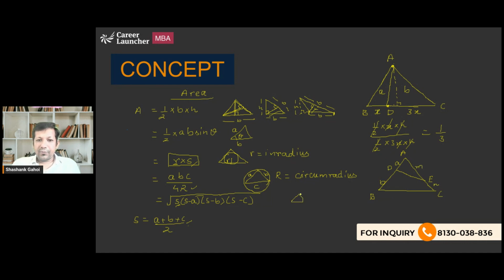So the ratio of the area of triangle ADE to the area of triangle ABC will be equal to a into m, this multiplied by this, upon (a plus b) into (m plus n), that is AB into AC. So again, this is a general thing. If you want, you can prove it by using this formula. That's fine. You are eventually going to get the same result.